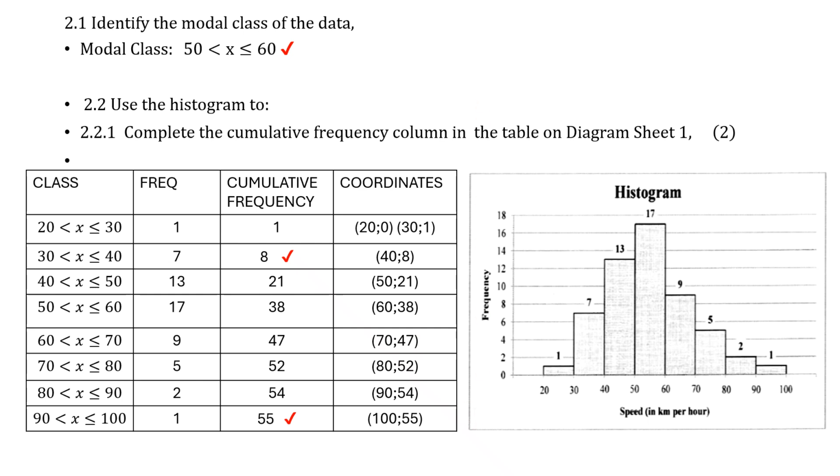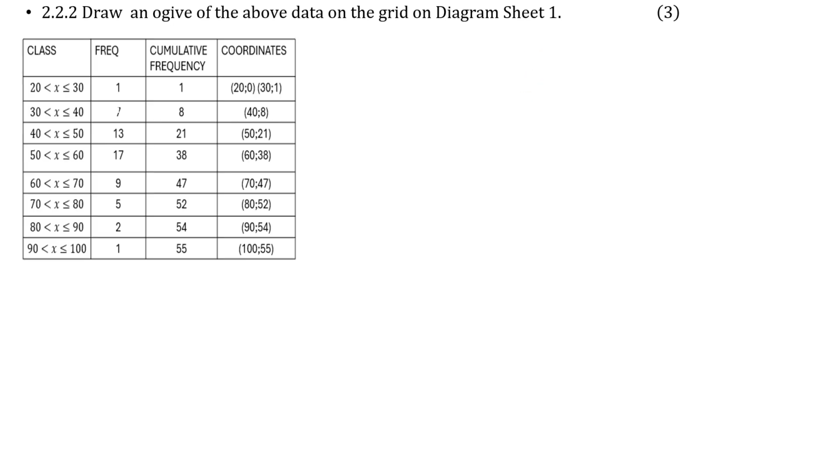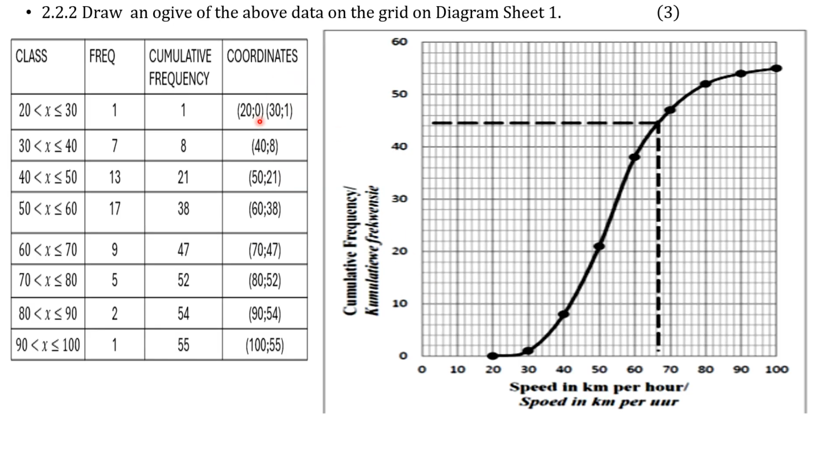If we look at the next question, draw an ogive of the above data on the grid on diagram sheet 1. Remember, my coordinates are what I found. Now to plot, at 20 and 0, you see my graph is grounded at 20 and 0. Next point, 30 and 1.